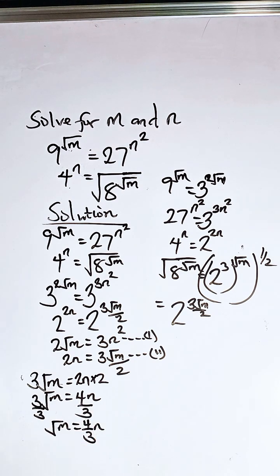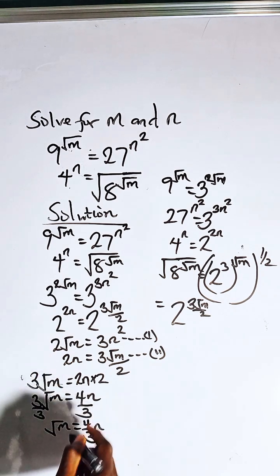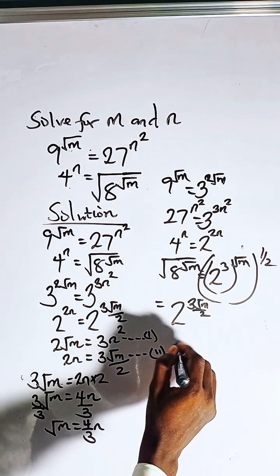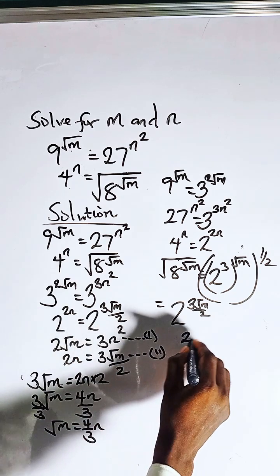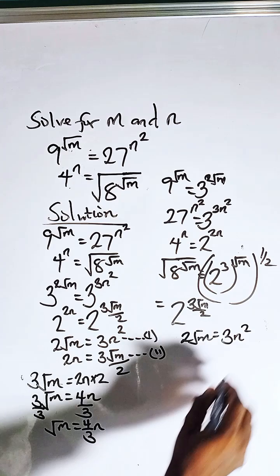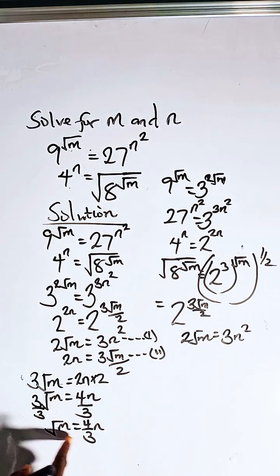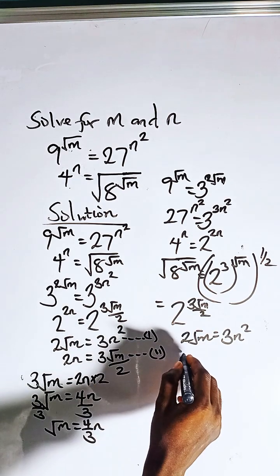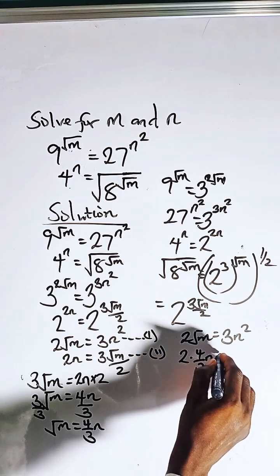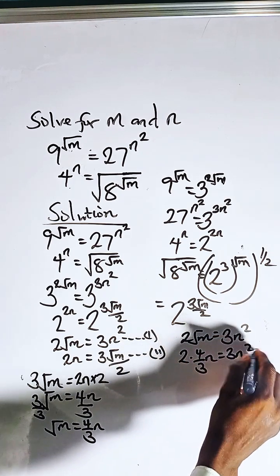Let us substitute this back into equation 1. From equation 1 we have 2 root m equals 3n squared. Since root m is 4 over 3n, we have 2 times 4 over 3n equals 3n squared.